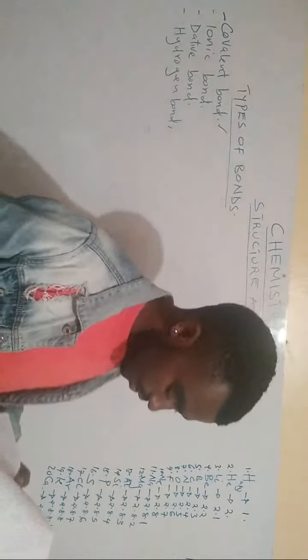The covalent bond is a type of bond in which atoms combine by sharing their respective outermost electrons equally.